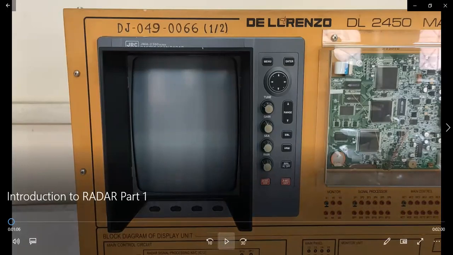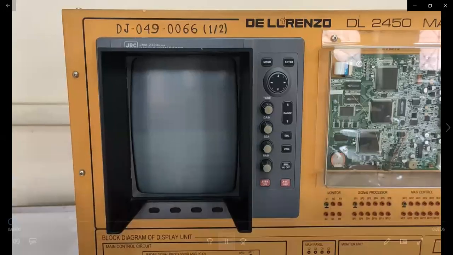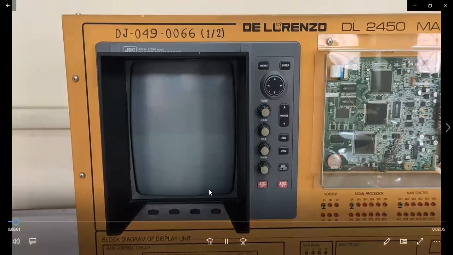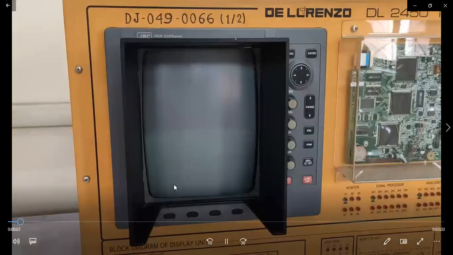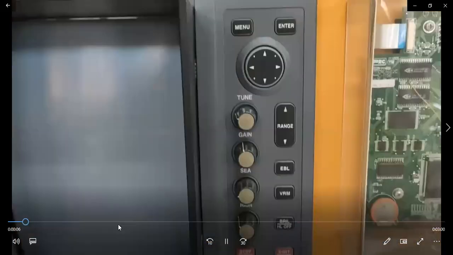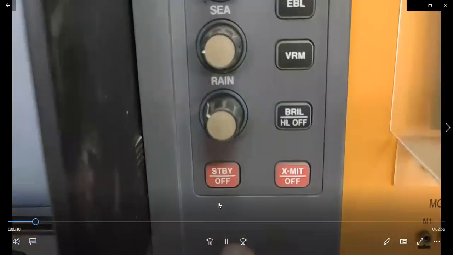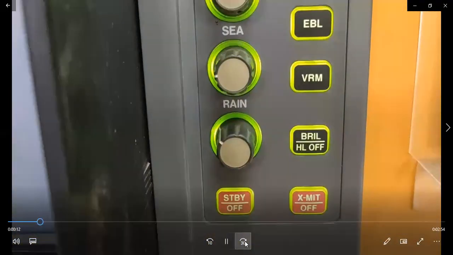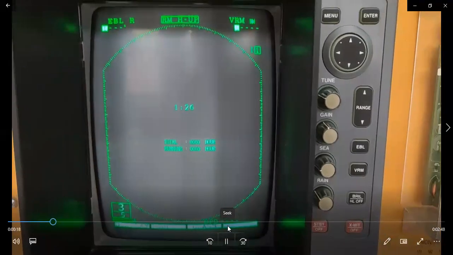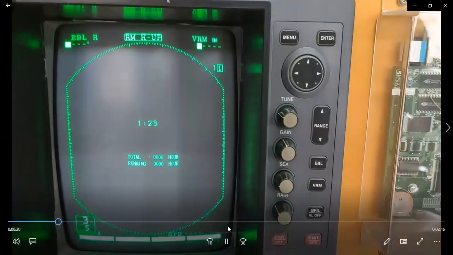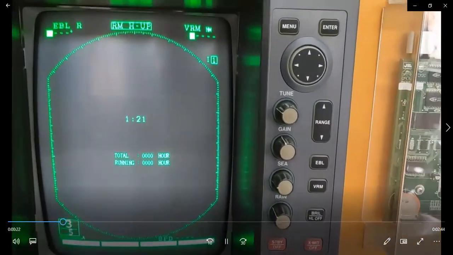Now you can see, right? Do you see the? Yes, sir. This is the control panel of our radar, and here's the display. These are the two buttons to turn it on. First, press the standby button. Then it takes 1.5 minutes to warm up. Thereafter, you can press the transmit button.